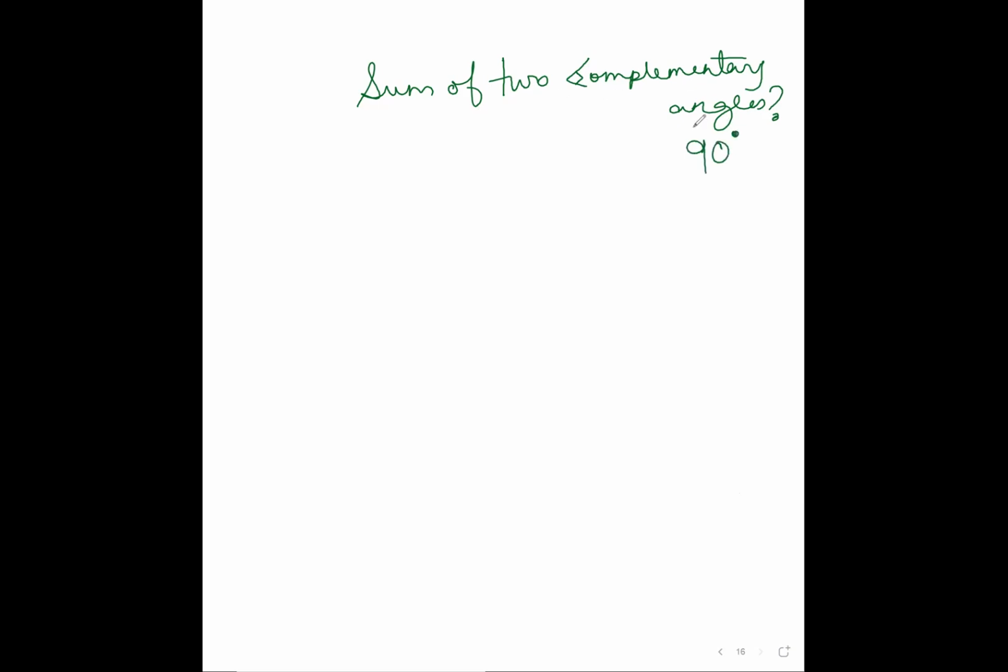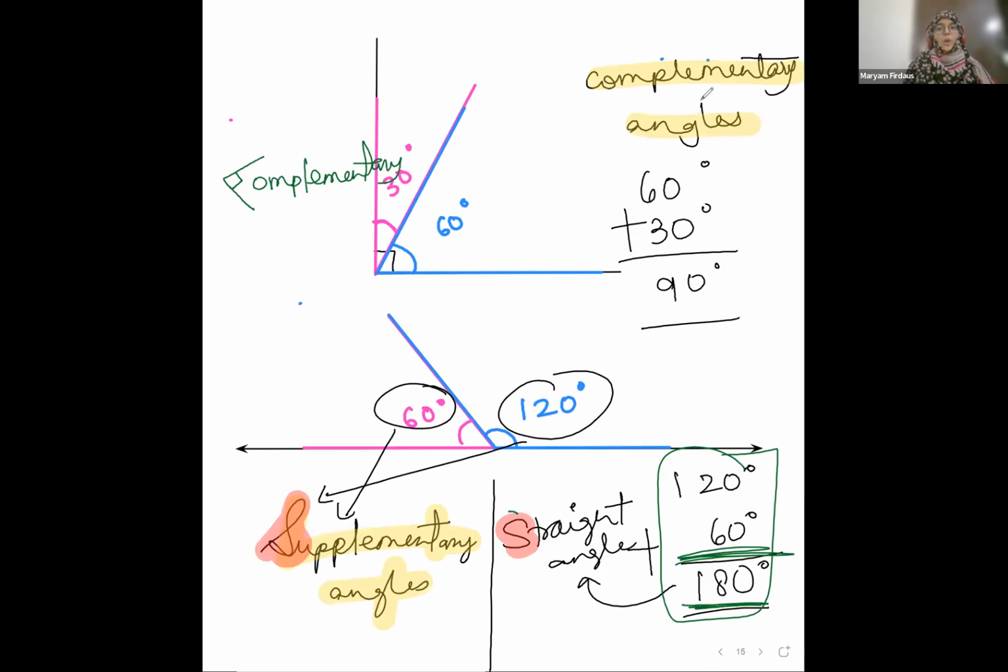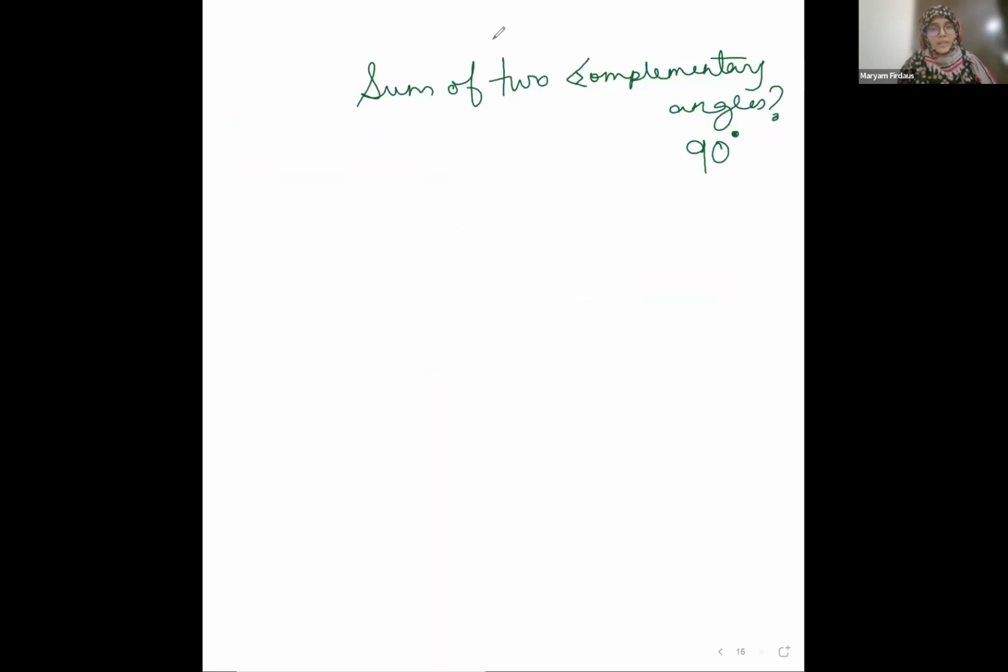No. Sum of complementary angles is 90 degrees. I'm just giving you an example. This is just an example of 30 and 60. Complementary angles are those which when added give you 90 degrees. I'll give you another example, 45 and 45 degrees.